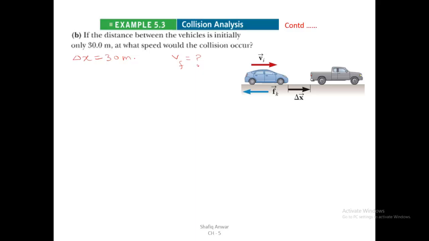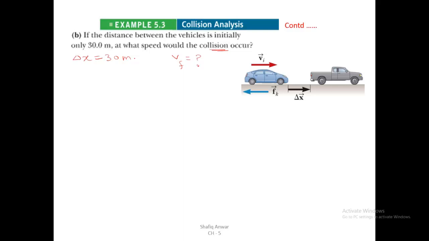So now the initial distance is this much and you are moving with 35 meters per second, and the cars will collide. With what velocity your car will hit the other car? That's the velocity you need to find out, right?